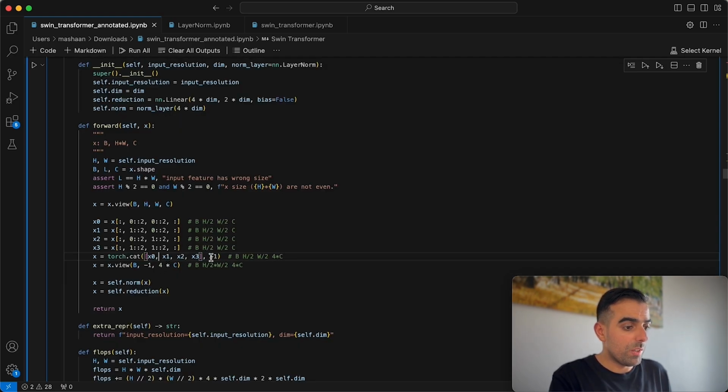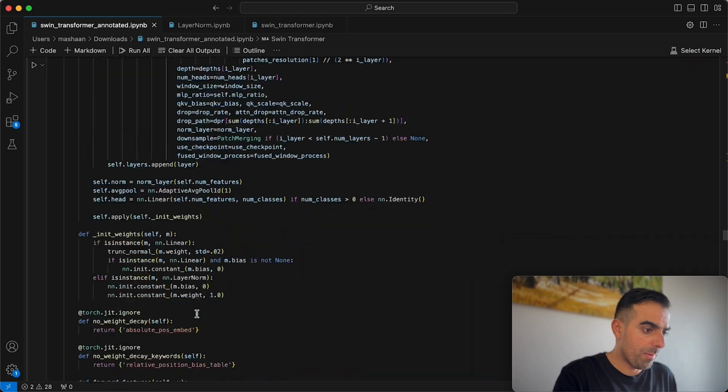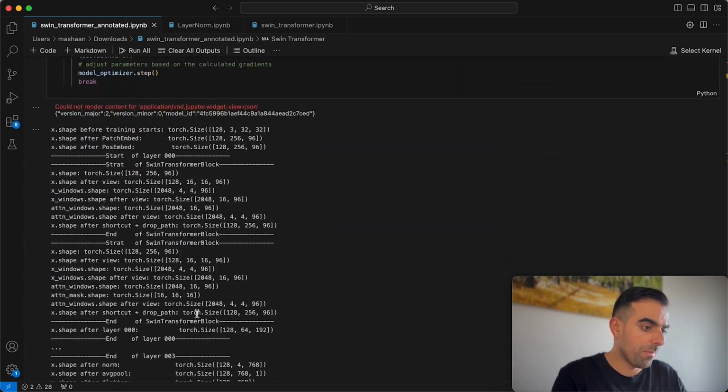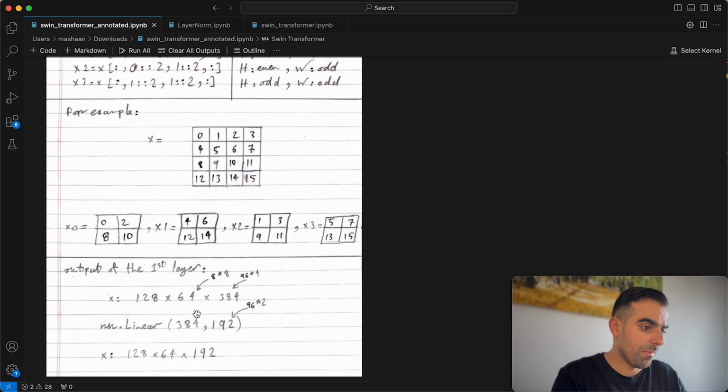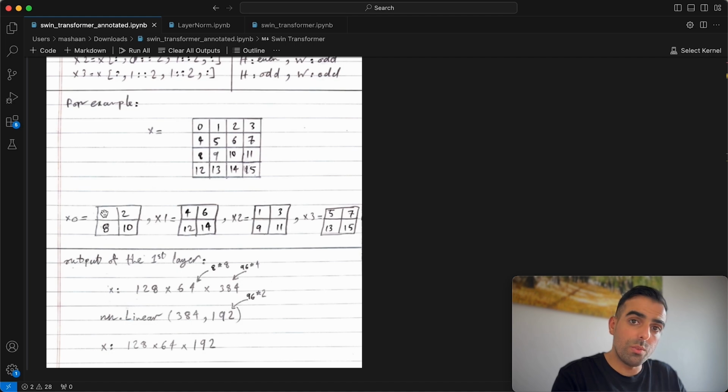These 4-dimensional arrays will be stacked along the channel dimension. So first we'll have x0, x1, x2, and x3 stacked along the channel dimension. So what will happen? 0 will become in front of 4, and 4 will become in front of 1, and 1 will become in front of 5.